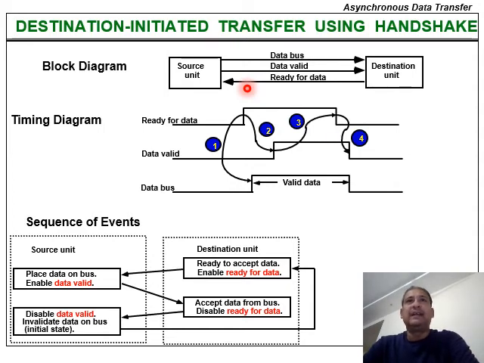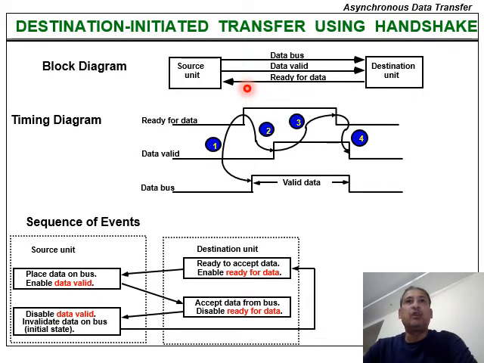What it does, it reads the data from the data bus, and to indicate to the source unit that it has accepted or read the data from the data bus, it disables the ready for data signal. Now this disabling of ready for data signal does exactly the same task which was done by the data accepted signal previously.